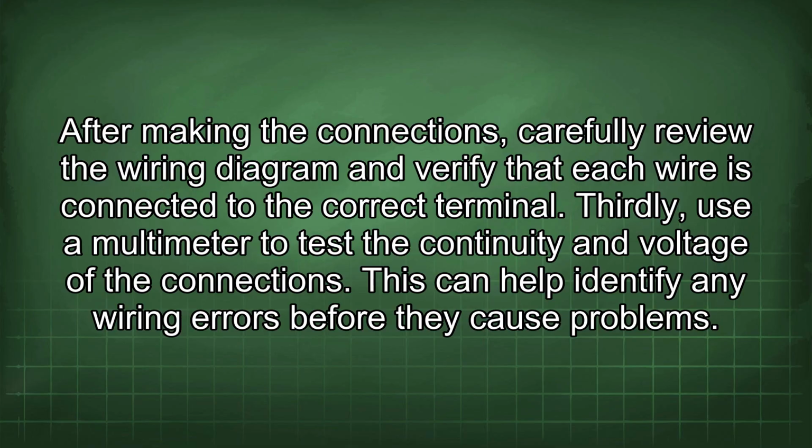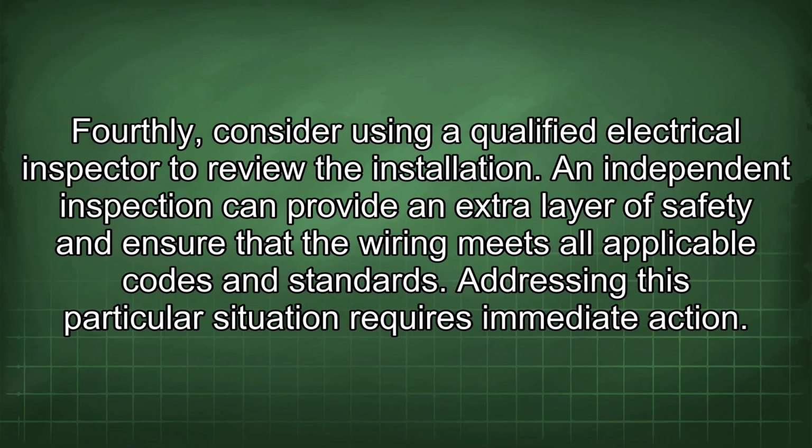Thirdly, use a multimeter to test the continuity and voltage of the connections. This can help identify any wiring errors before they cause problems. Fourthly, consider using a qualified electrical inspector to review the installation. An independent inspection can provide an extra layer of safety and ensure that the wiring meets all applicable codes and standards.